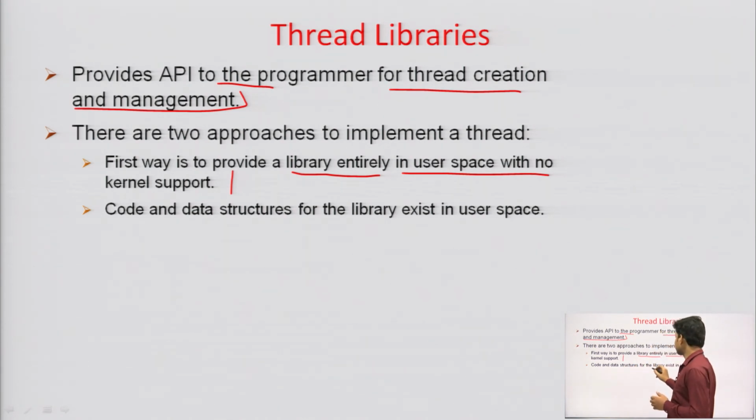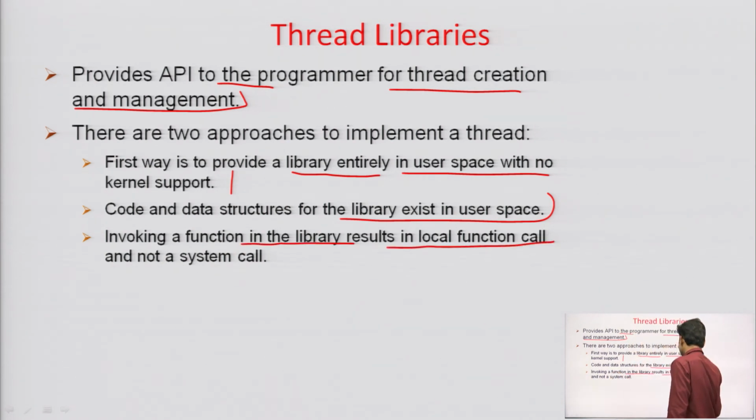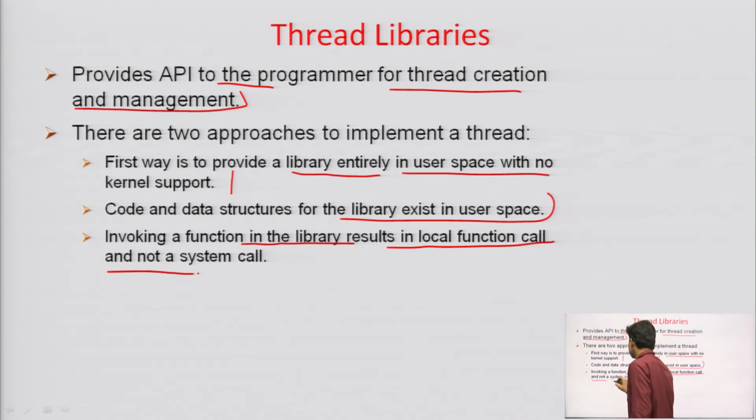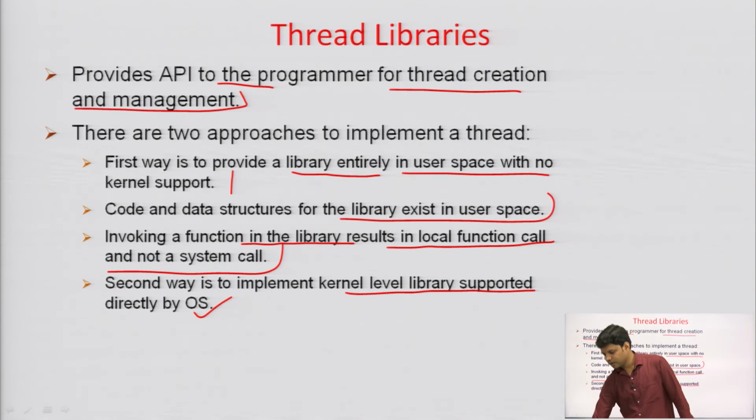Code and data structures for the library exist in the user space itself, and whenever a programmer invokes a function in the library, it results in a local function call and not a system call. The second way is to implement a kernel level library supported directly by the OS.